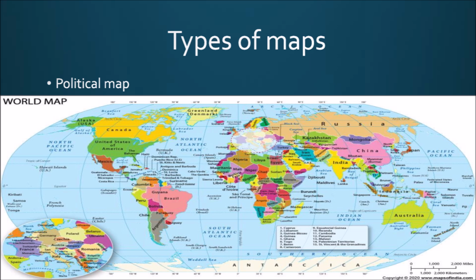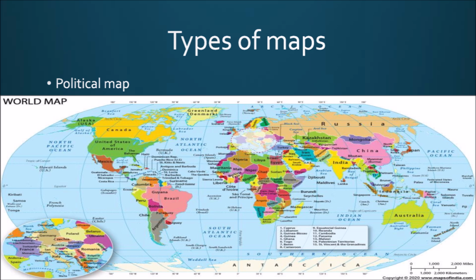Political maps show different countries or different states in a country. They also show national and state boundaries. The map in which you see the countries, states, and state boundaries is called a political map.